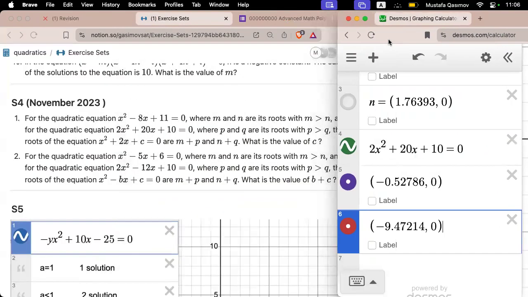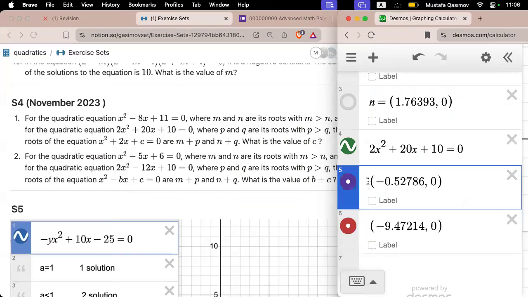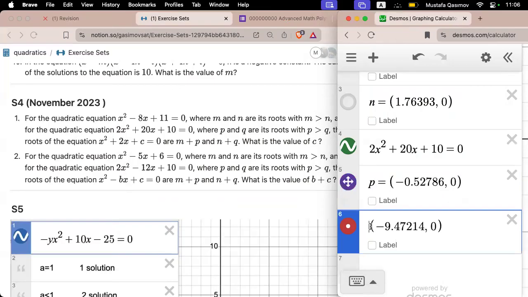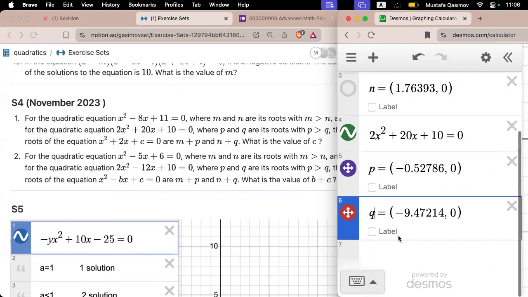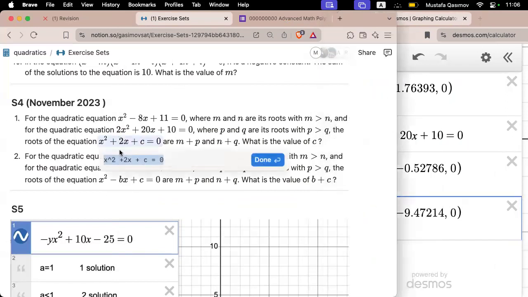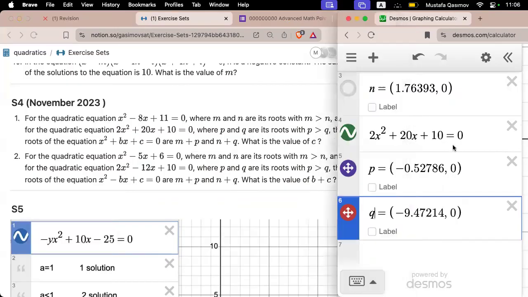Then it says that the bigger one is p, so this one is the bigger one, p and q. Then it says that we have this equation x squared plus 2x plus c is equal to 0, and these are its roots. Then let's write it instead of c like this.